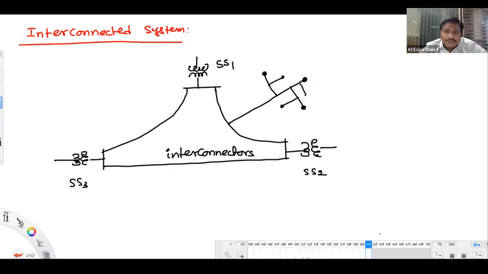These are the distribution transformers. This dot that I am showing here is a distribution transformer. Like that, we have a number of distribution transformers connected here.